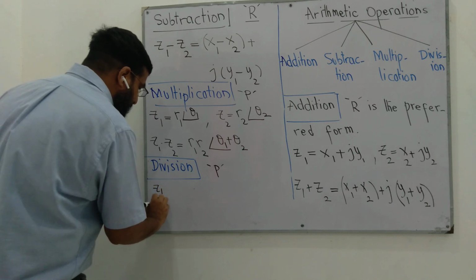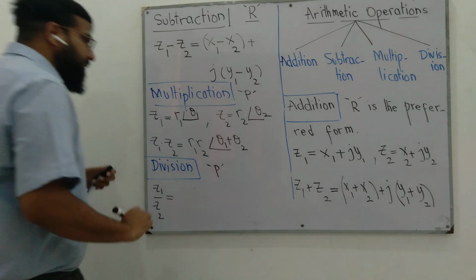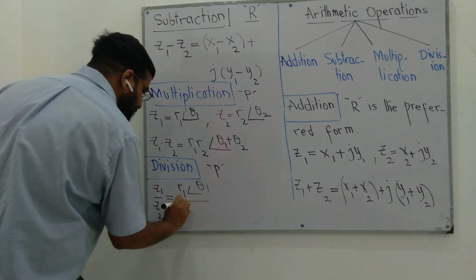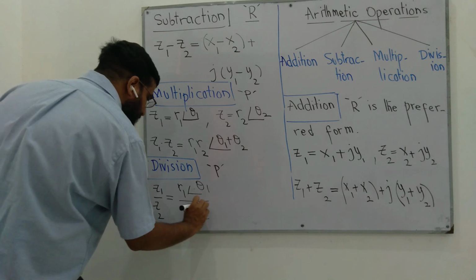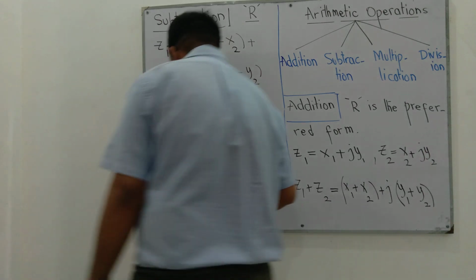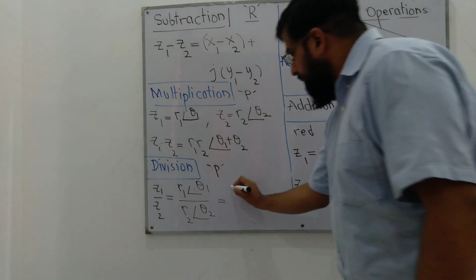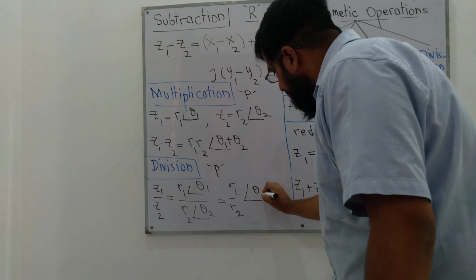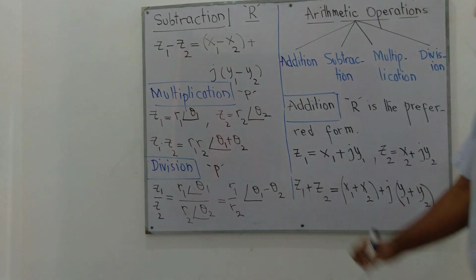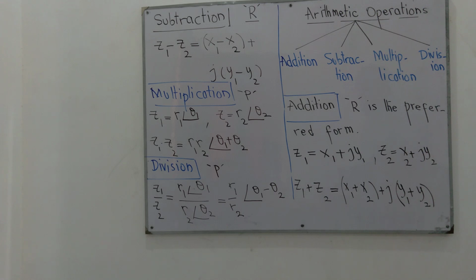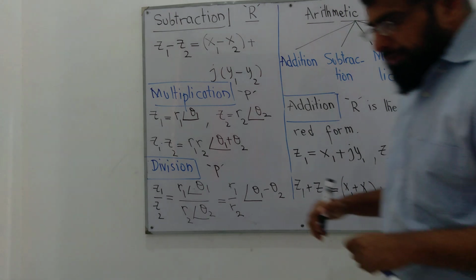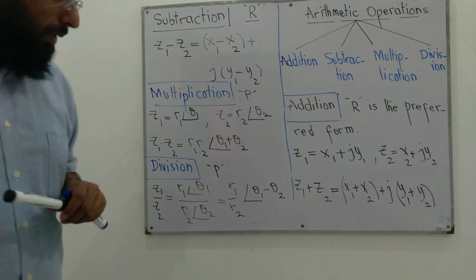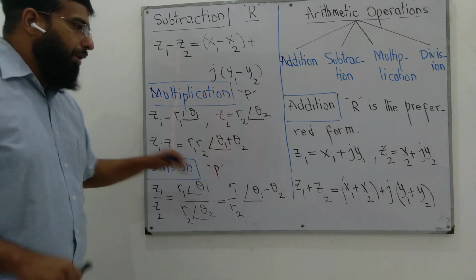If we divide these two numbers, r1 at an angle of theta1 and r2 at an angle of theta2, we will divide their magnitudes, but the angles will be subtracted. So even for the division operation, the calculations are simpler if the numbers are in their polar form.